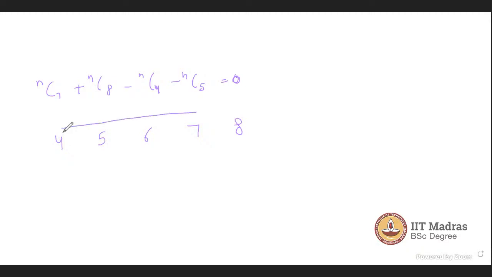Then I took values 0, 1, 2, 3, so 4 values before 4 and 4 values after 8. And then I took 0 to be equal to 12. So n is equal to 12.